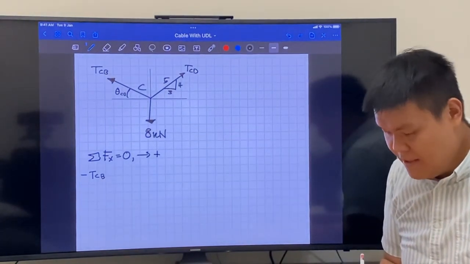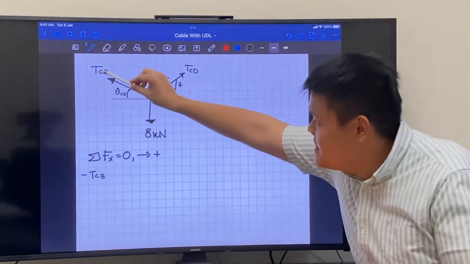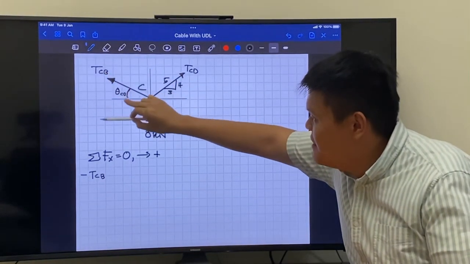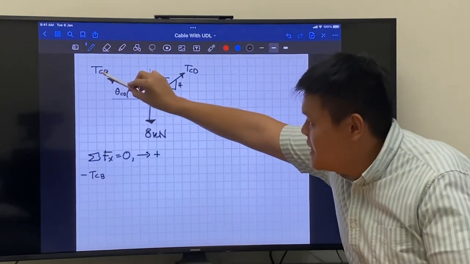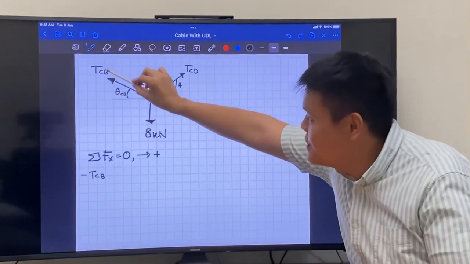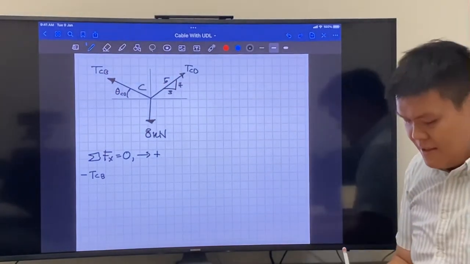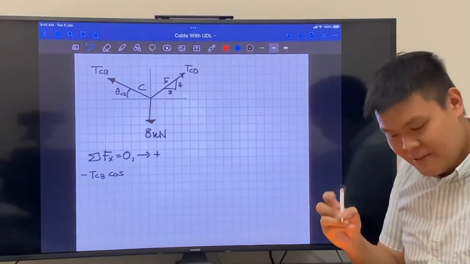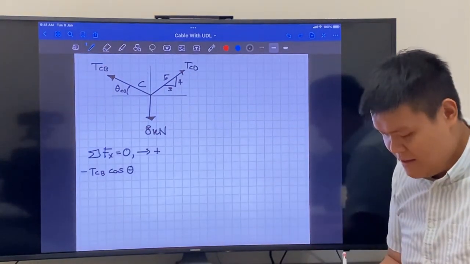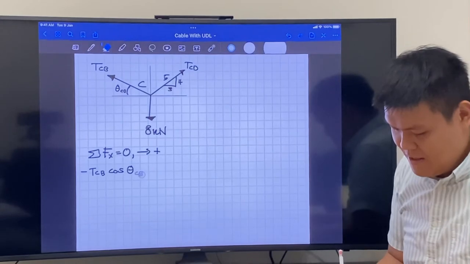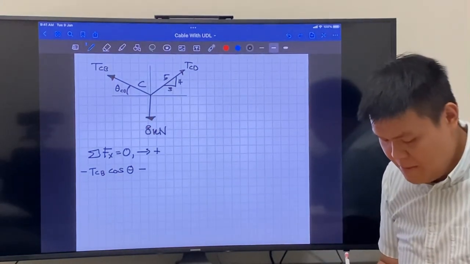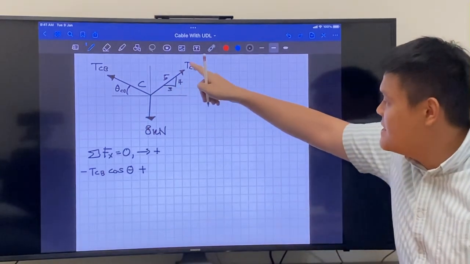Remember, if you want to find this component, with the angle here, it's TCB cosine, the adjacent side. So TCB cosine theta. I'm not going to write the CB here because it's going to be a bit tedious. So I'll just leave it at theta, plus TCD.